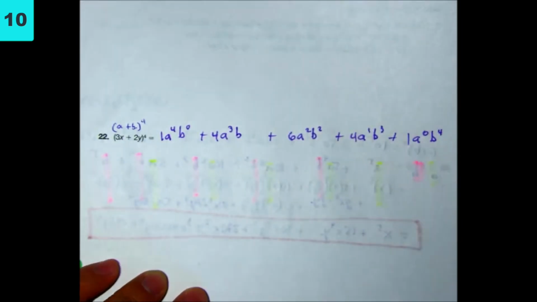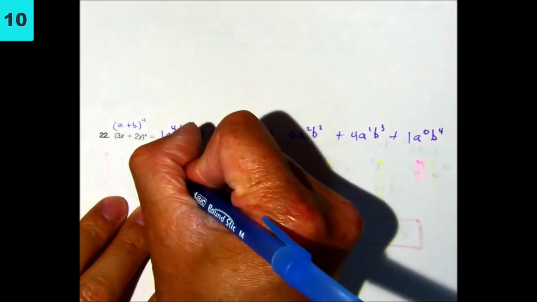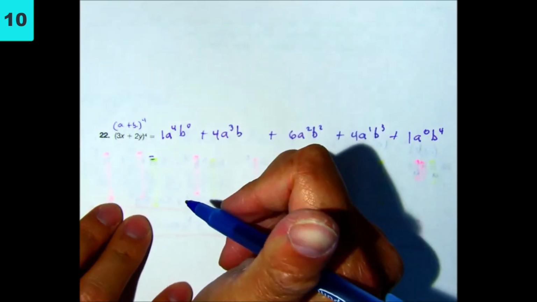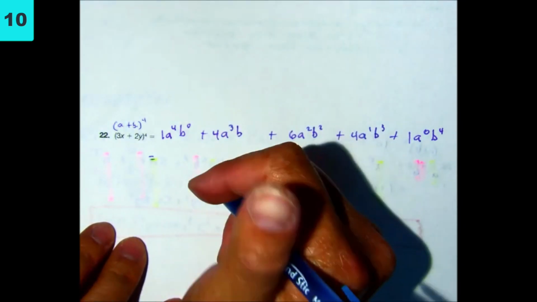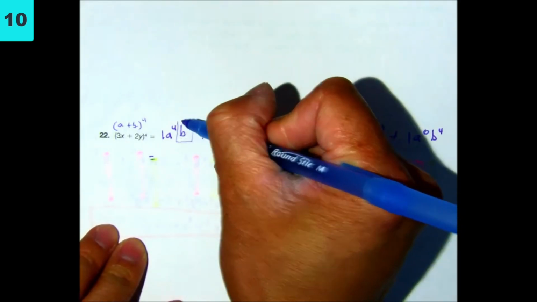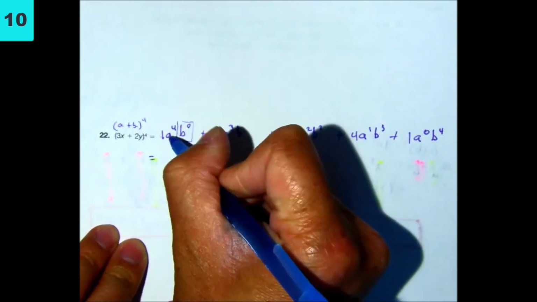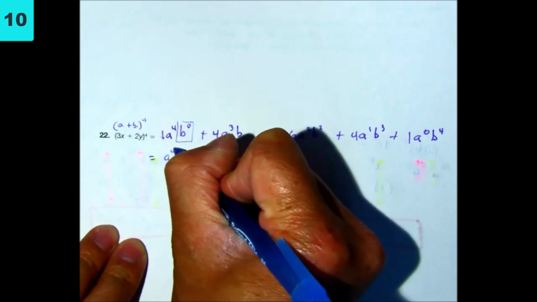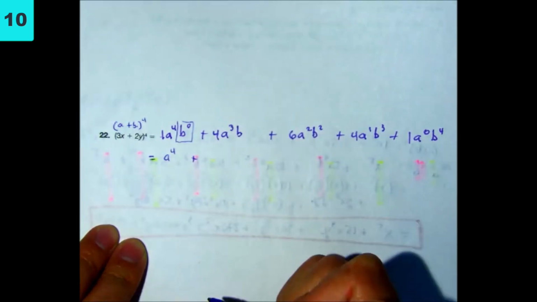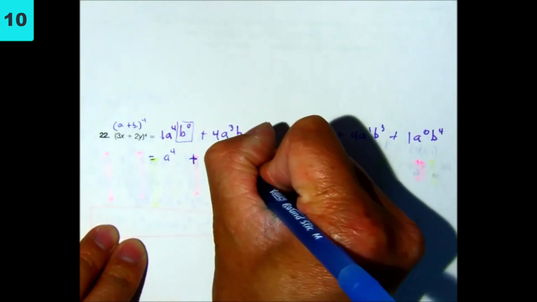Good job. Erica, let's go ahead and clean this up and just take out your zeros and ones. Tell us what's right. So remember, b to the 0 power is 1, and we don't have to write this one, so you're just left with a to the 4th over here. For a to the 3b.